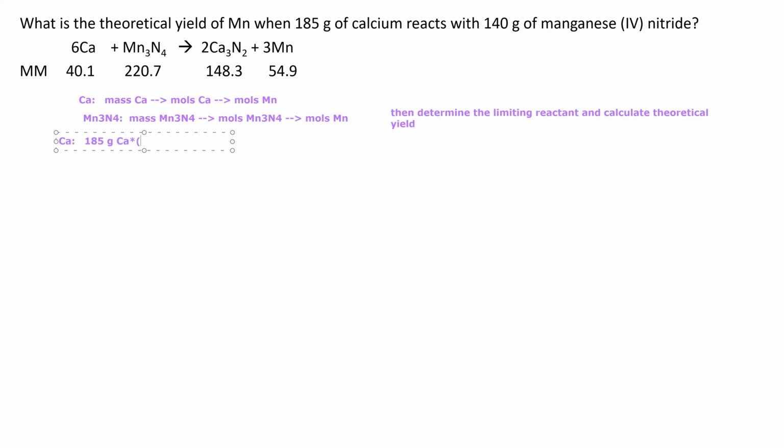We're going to divide it by the molar mass of calcium. And I'll do each step so we can see all the steps. And we're going to do the exact same thing with manganese 4 nitride.